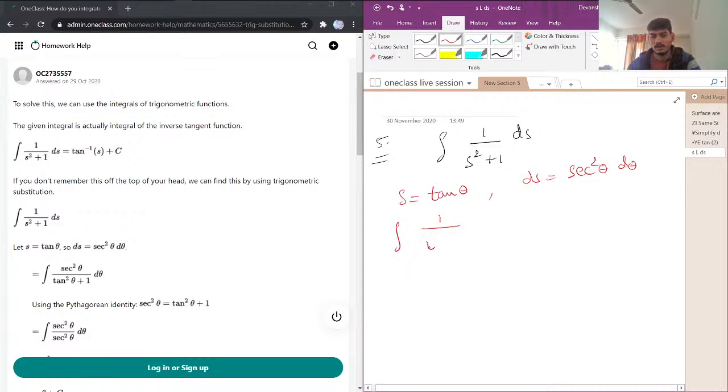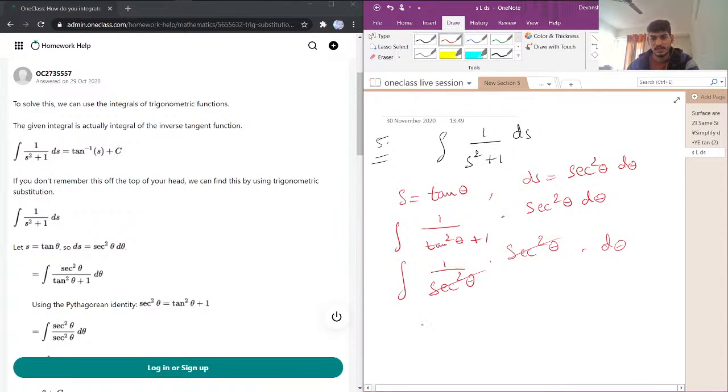So 1 over tangent square theta plus 1 times ds, which is secant square theta d theta. So 1 over tangent square theta plus 1 will be equal to 1 over secant square theta, because tangent square theta plus 1 is secant square theta, multiply secant square theta and integrate with d theta.